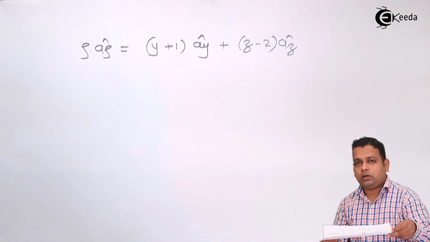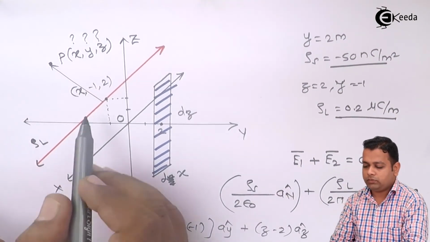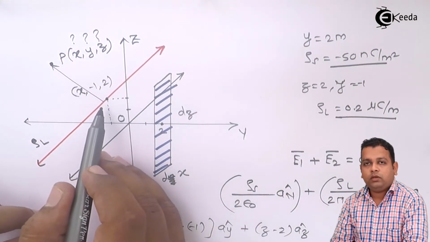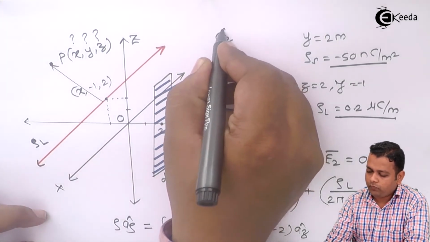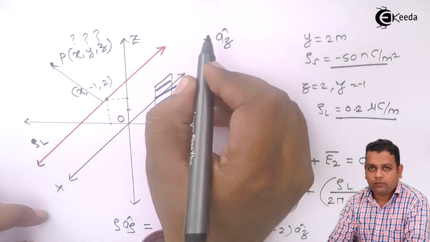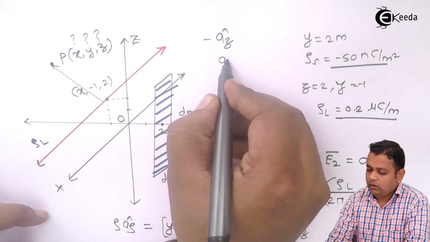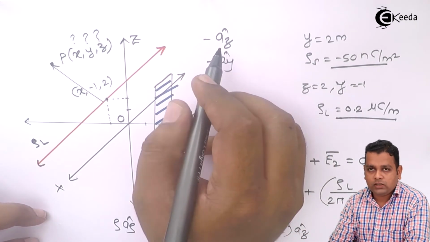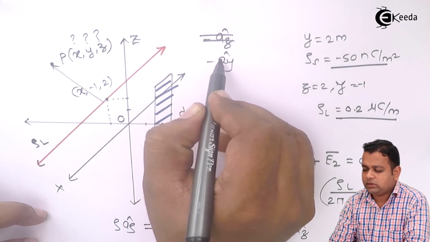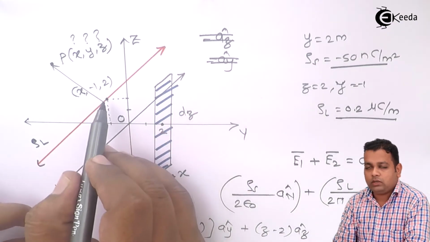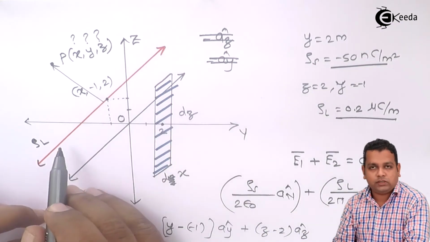Now the electric field produced because of this line may be in the direction of az cap or minus az cap, then ay cap or minus ay cap. So there are two possibilities of directions, z and y, for the electric field produced because of this line charge.